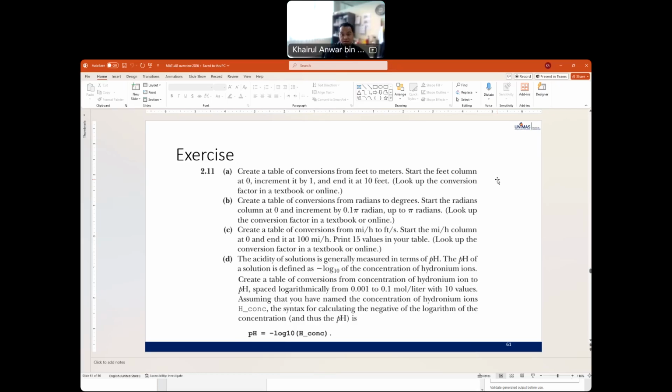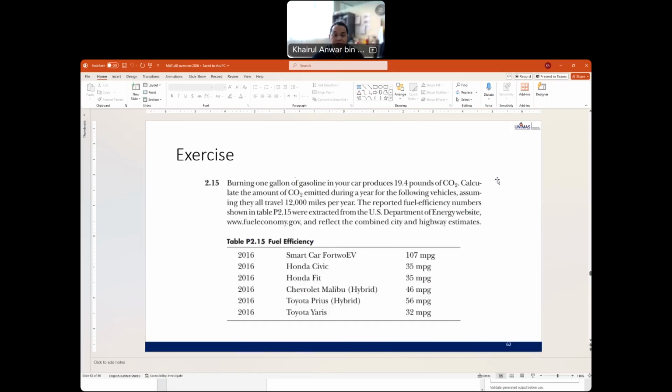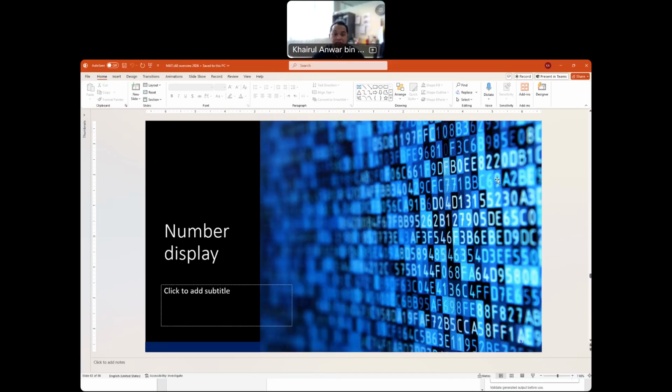So it is a table, you need to transpose.